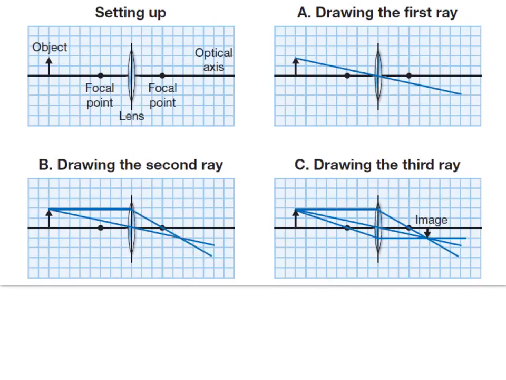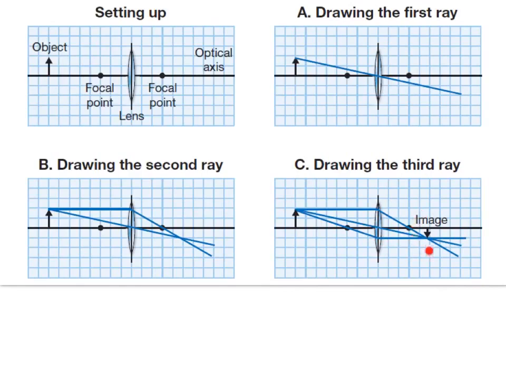But just to be safe, we'll go ahead and draw in the third ray as well, which again starts at the top of the object. This time it passes through the focal point on that side of the lens until it hits the lens itself. Then it will refract and go parallel to the optical axis.